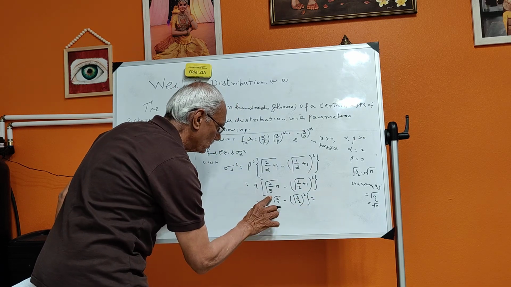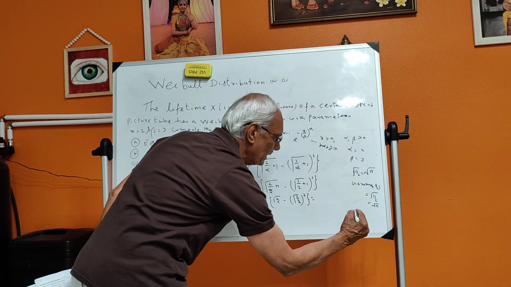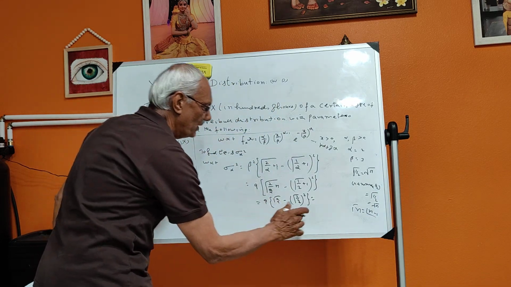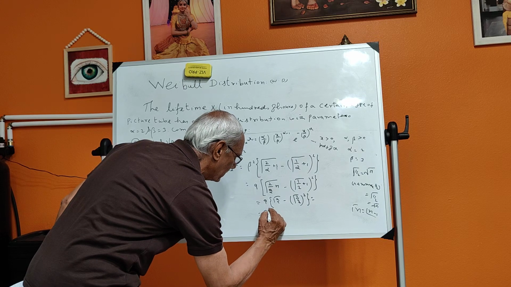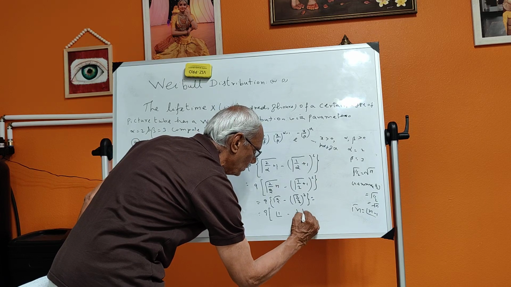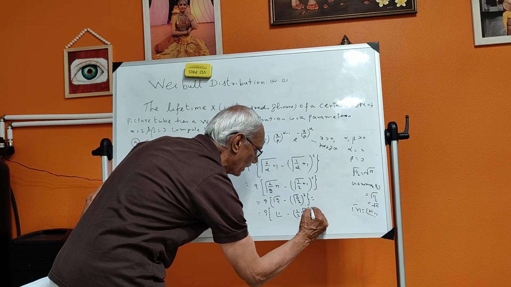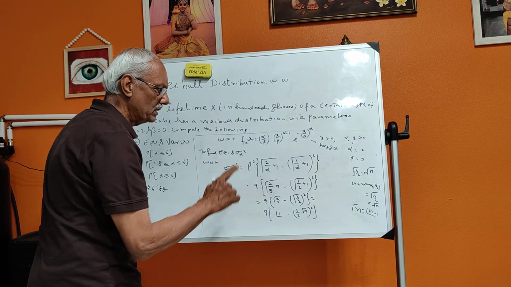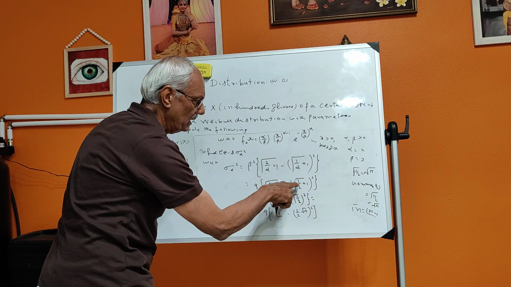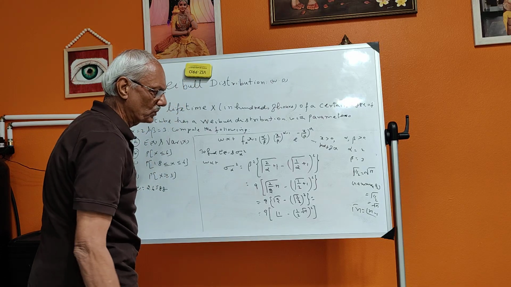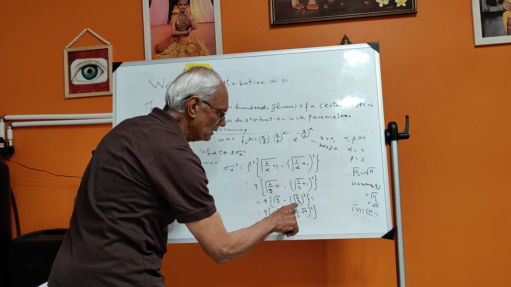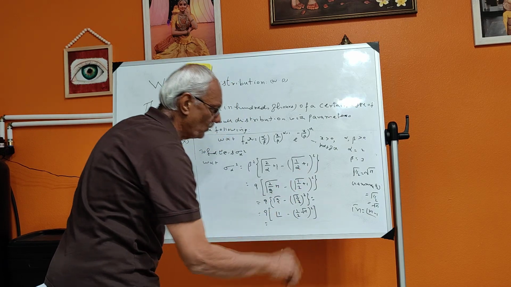Gamma of 2 is, since gamma of n is equal to (n minus 1) factorial, 2 minus 1 factorial, which is 1. And 3 by 2 is 1 plus half, so gamma of 3 by 2 is half into gamma of half, which is half into root of pi, whole square.